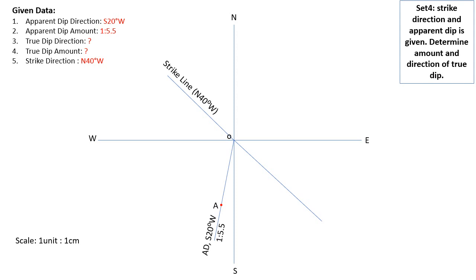Now what we need to find? The strike is given and apparent is given. We need to find the true depth. Okay, so to find that, we need to draw a perpendicular to this strike line. So how to draw that? Now we will transfer this line, or we will draw a parallel line, that is strike line, from point A. Okay, are you getting?